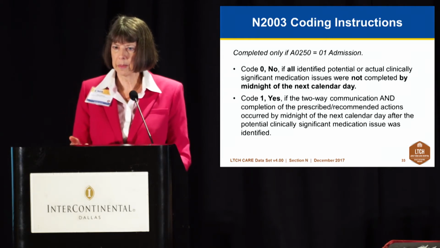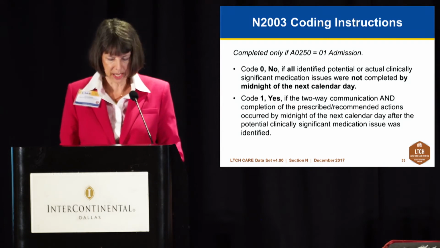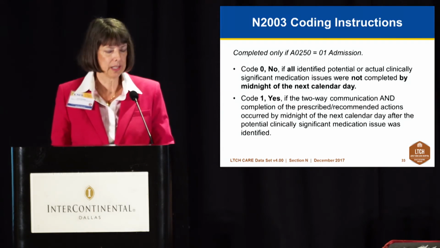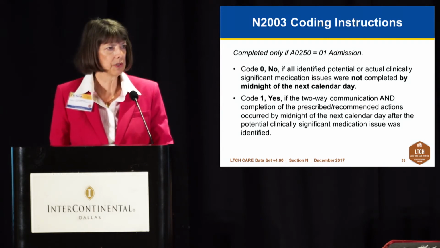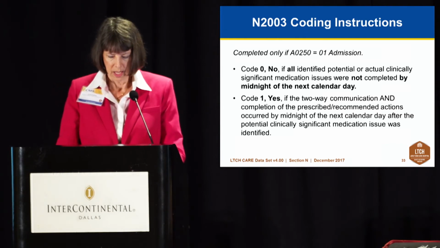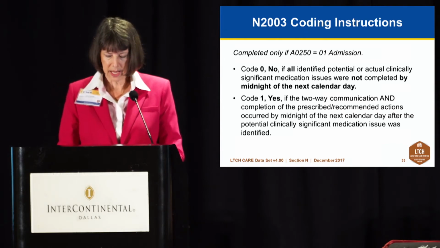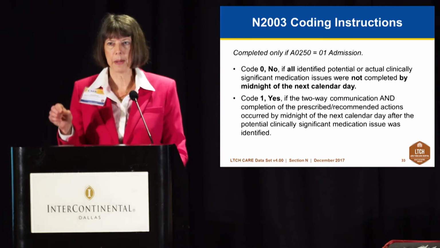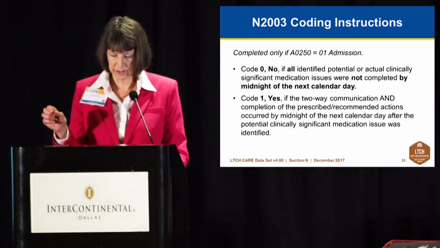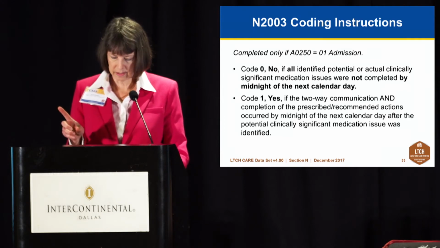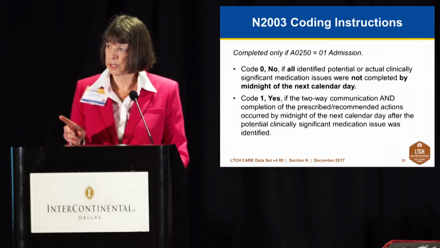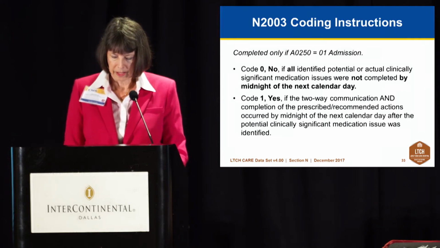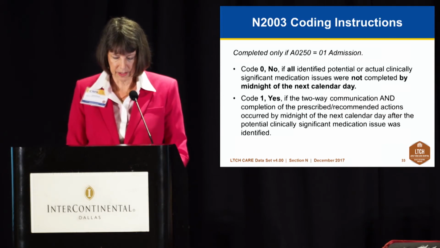Or another example might be that the clinician communicated all identified clinically significant medication issues to the physician or the physician designee by midnight of the next calendar day, but the clinician did not receive a response from the physician or physician designee to communicate those prescribed actions until after midnight of the next calendar day.